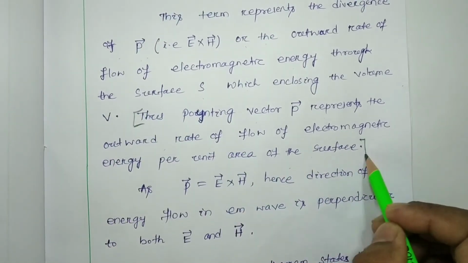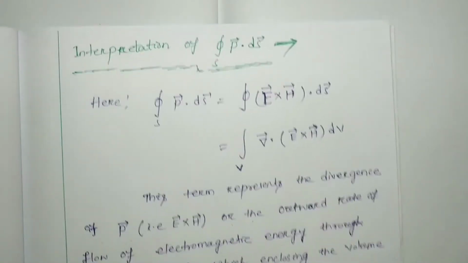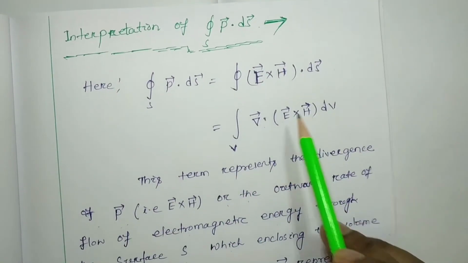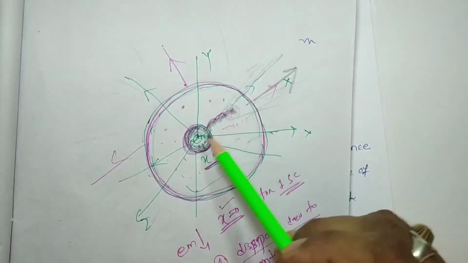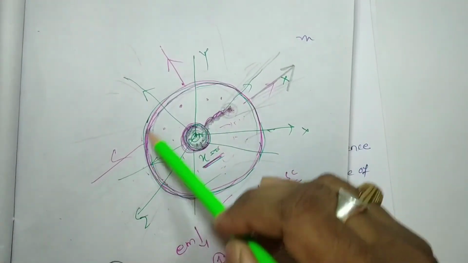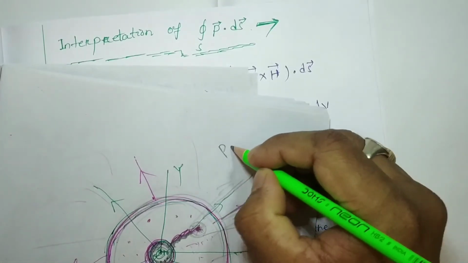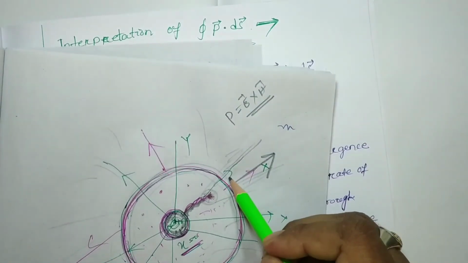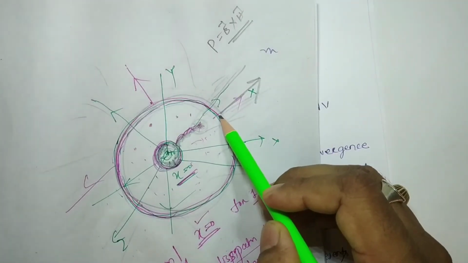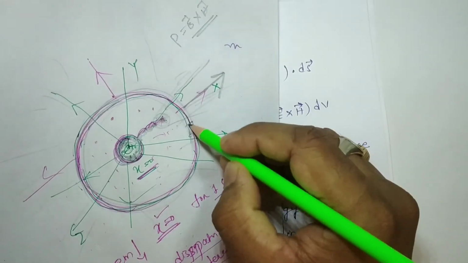So the total term represents the electromagnetic energy flowing outward from this volume through this whole surface, then what does the Poynting vector represent? It represents outward flow of electromagnetic energy per unit time per unit surface area.